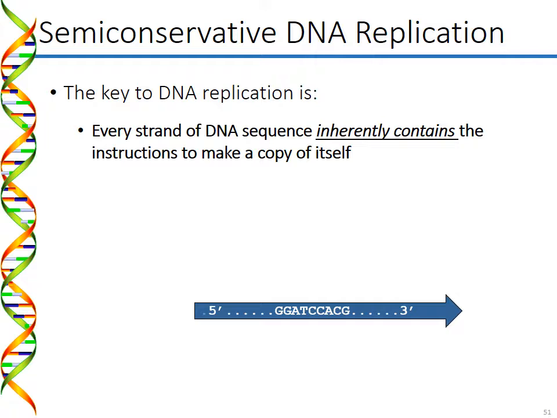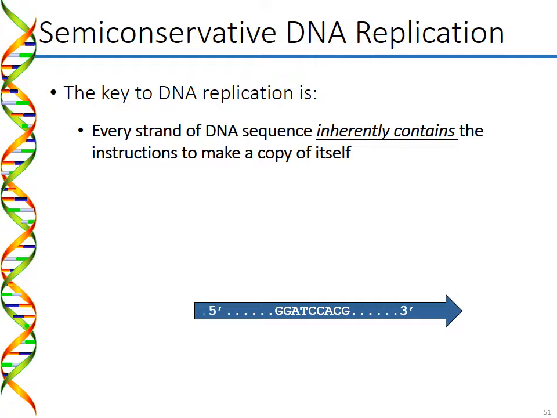So if there's one thing I want you to take away from our discussion here on DNA replication, it is that every strand of DNA sequence inherently contains the instructions to make a copy of itself. So if we imagine that this arrow is a DNA molecule, a single strand, we can see the 5' and 3' directionality, and that's which way the arrow is pointing.